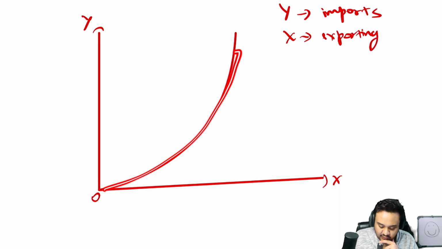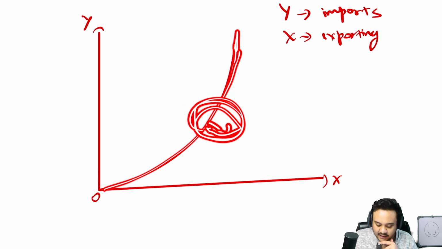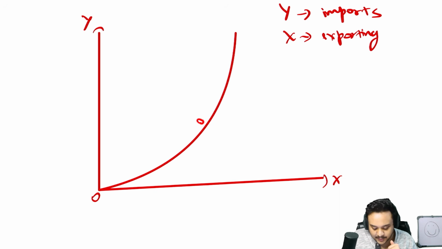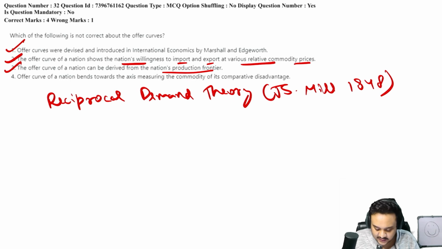When they drew the graph, instead of talking about the bend being here, right, they looked at the highest point and said that this is going slightly towards the y-axis, so that must be the bend, and that is why this statement is true. But look, the bend is this part. The curve is bending here. This is the bend of it. That is what a bend means. Okay, so it is bending towards the good with the comparative advantage. So that is why this is going to be wrong, and this is your incorrect statement.